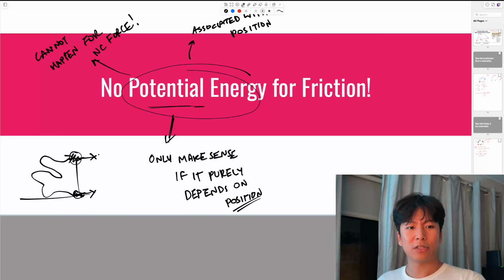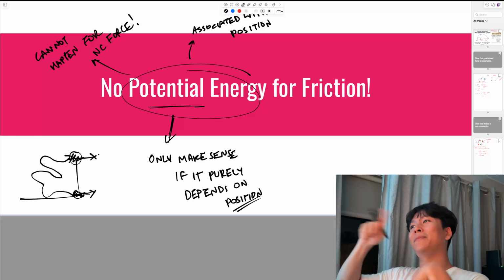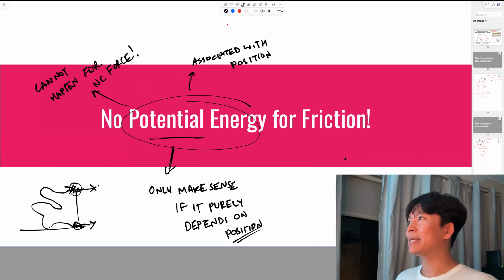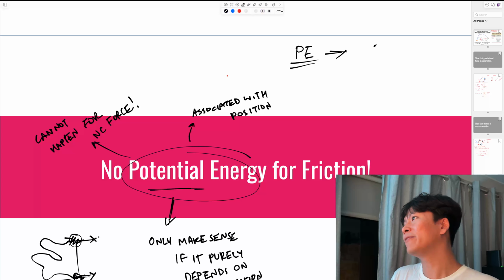Flipping it the other way around, what that means is that potential energy can only be defined for conservative forces.